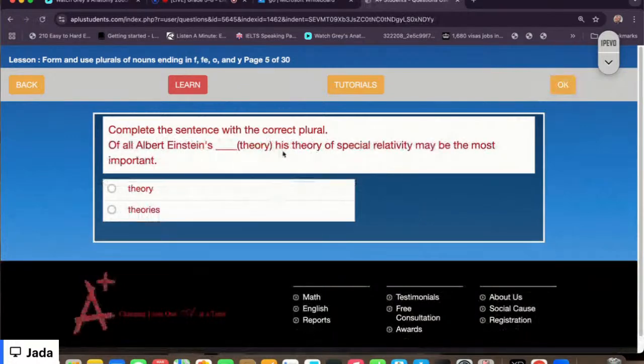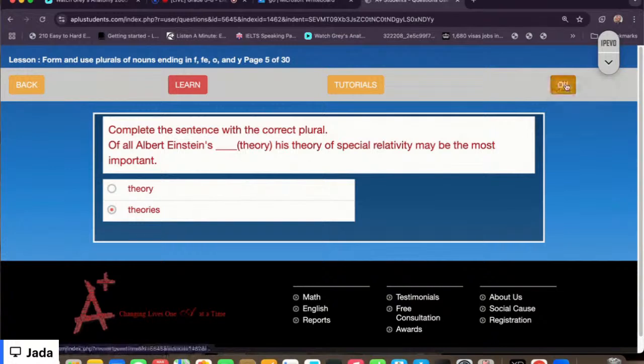Of all Albert Einstein's theory, his theory of special relativity may be the most important. So, which of this? Theories.